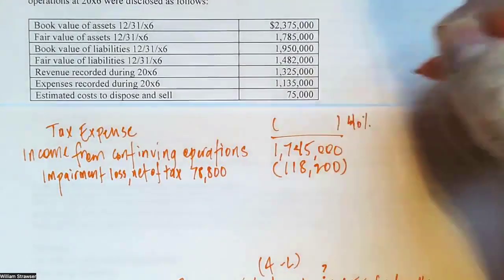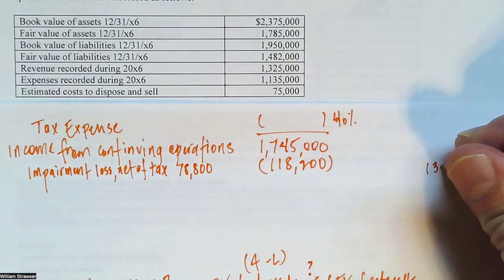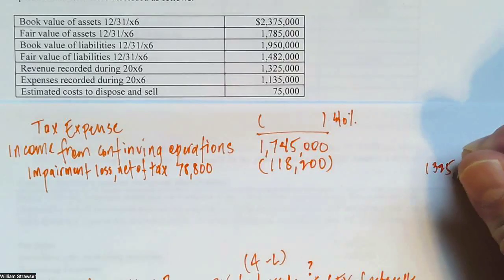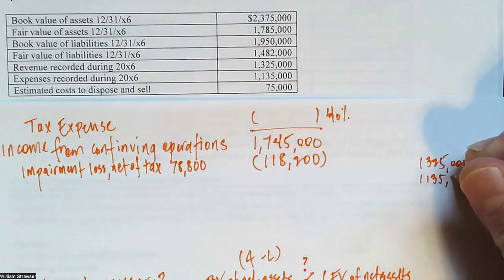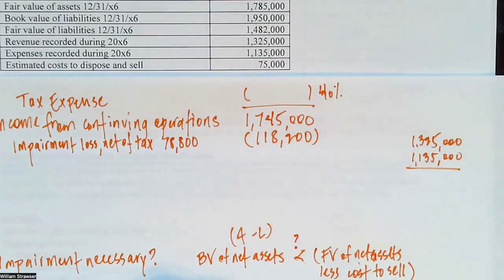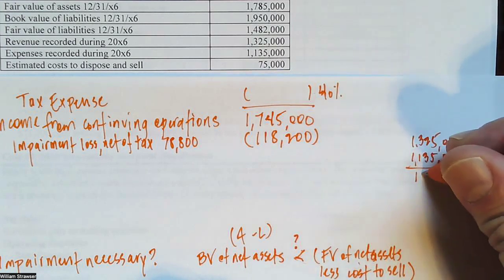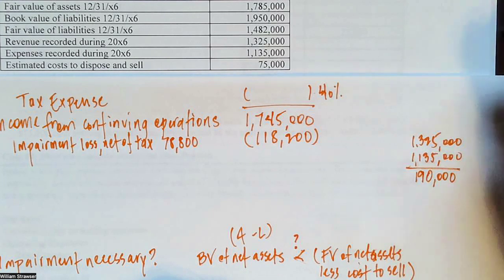So that's 1,325,000 and 1,135,000. And I take the difference between those two to give me the amount of net income from the discontinued op.